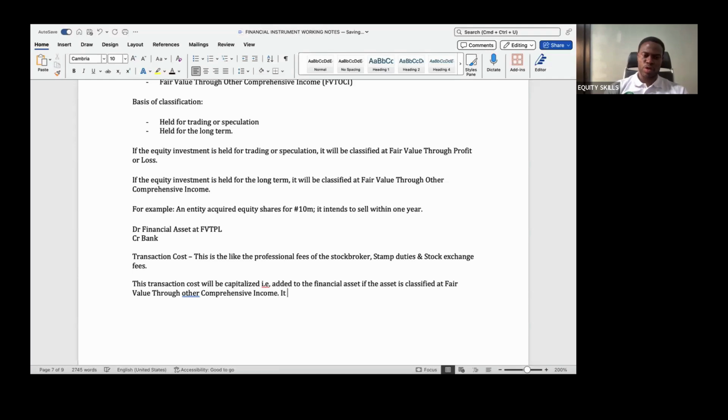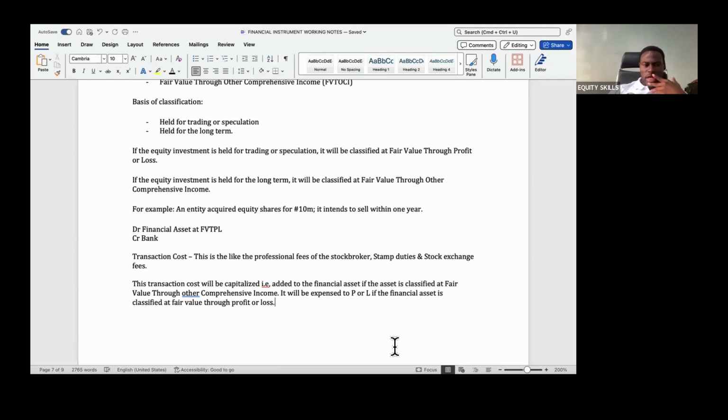But it will be expensed to profit or loss if the financial asset is classified at fair value through profit or loss. Then you expense that transaction cost.